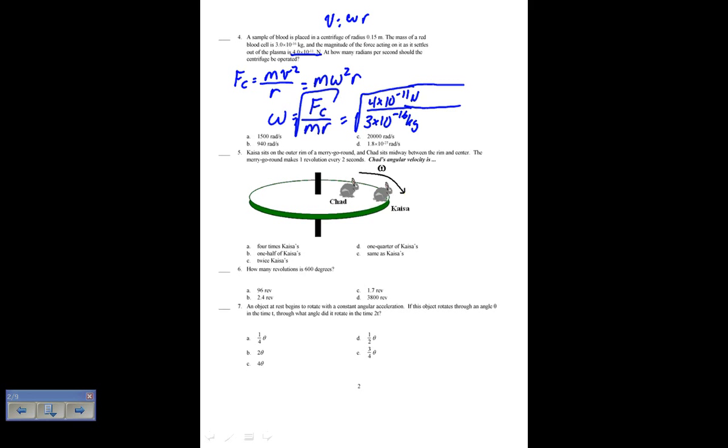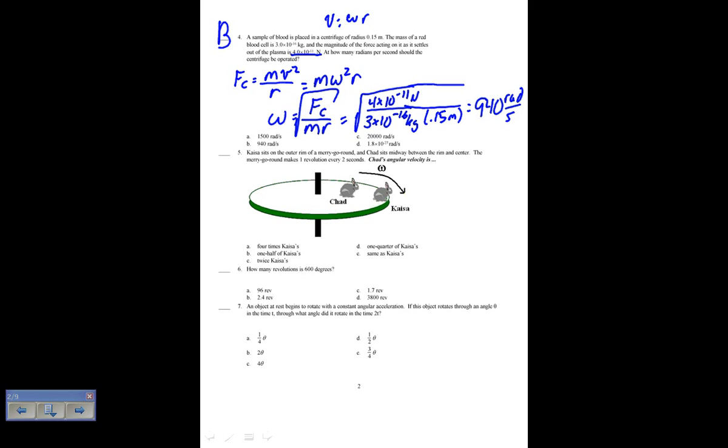And then R is 0.15. If I plug that in, I get 940 radians per second. So that is B for 4.